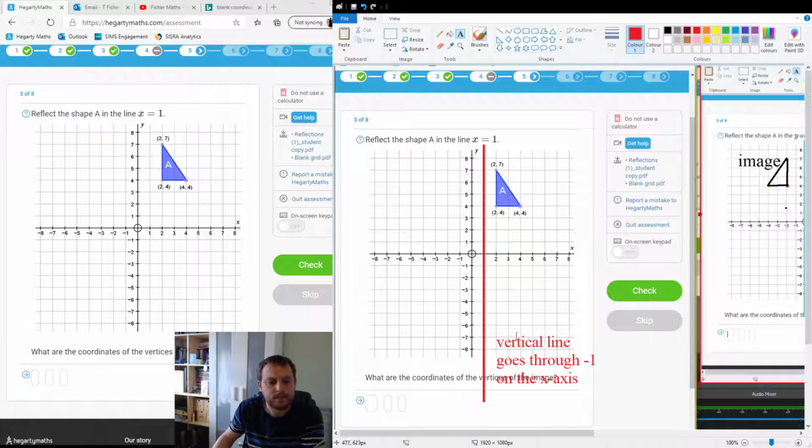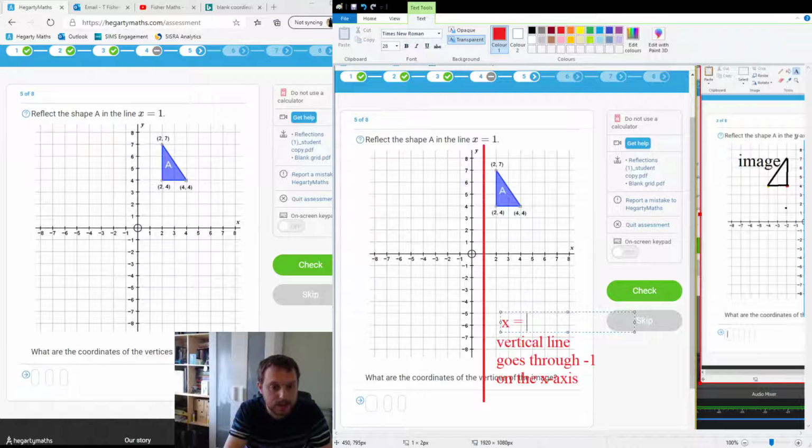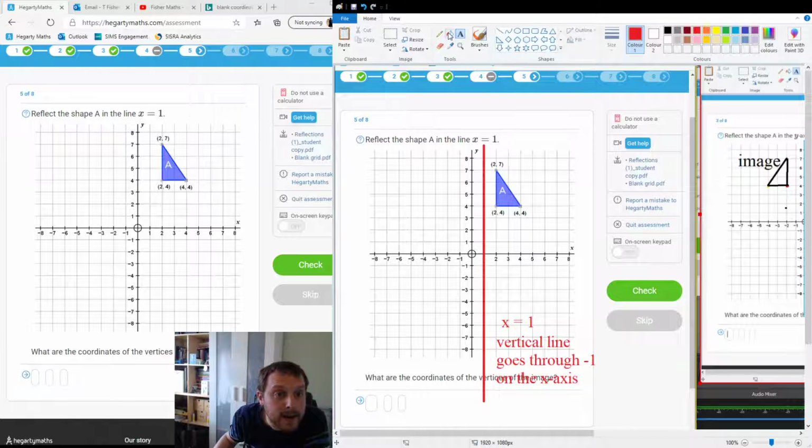There we go. Oh, somehow that's disappeared. And also it's x equals 1. Sorry about that. Let me just get rid of that. Right. x equals 1 is a vertical line that goes through 1 on the x-axis. So this is our mirror line.